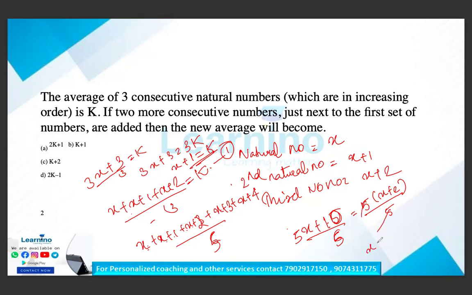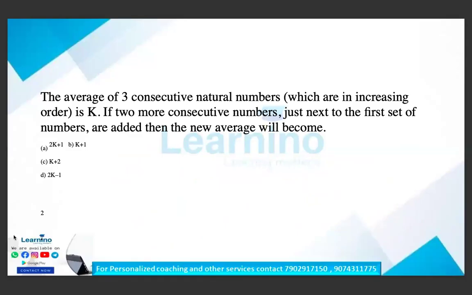So x plus 2 means x plus 1 plus 1. x plus 1 is k. So k plus 1 will be the answer of this question. So option B will be the answer.